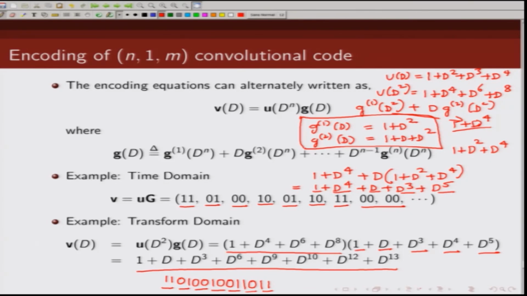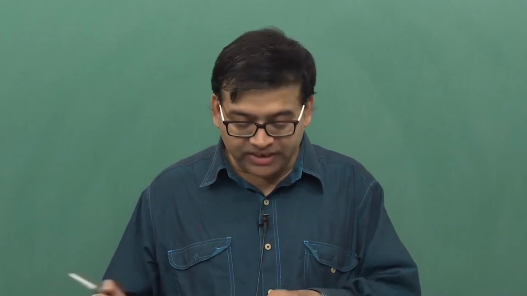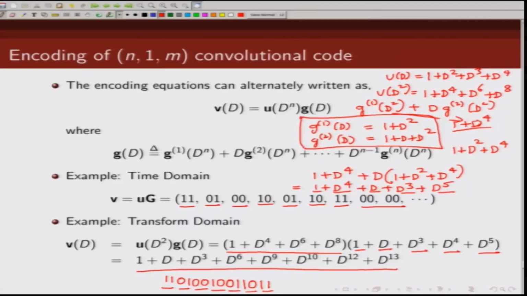The point to take is that the generator sequences that we wrote using the time domain representation, we can similarly represent using this D-domain representation, and it is a lot more convenient to write it in this notation, because then the output sequence is just the product of the input sequence and the generator sequence in this domain.